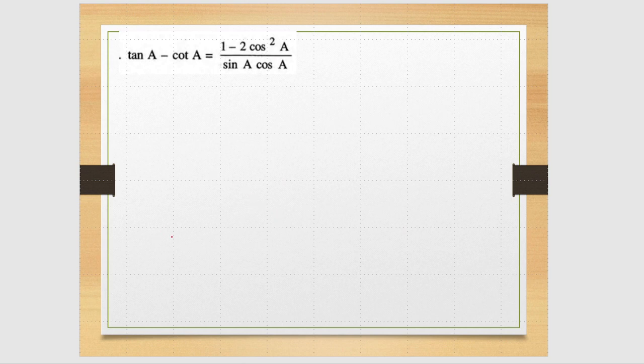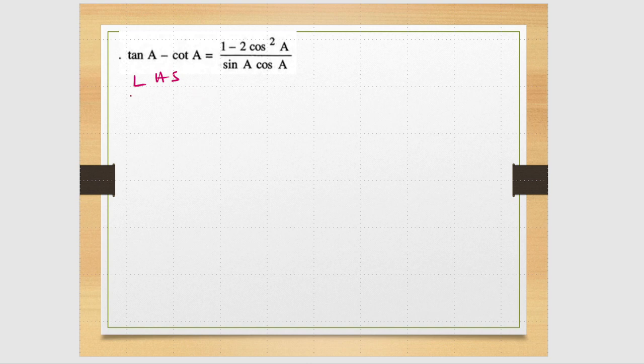This question is something like this. Okay, tan A minus cot A equals (1 minus 2 cos square A) by (sin A into cos A). So again take the LHS here. What is the LHS?